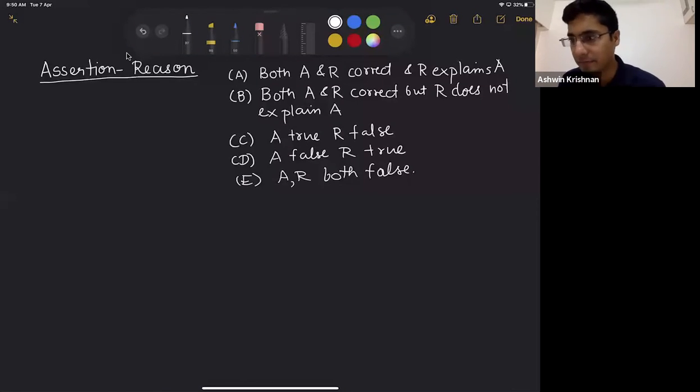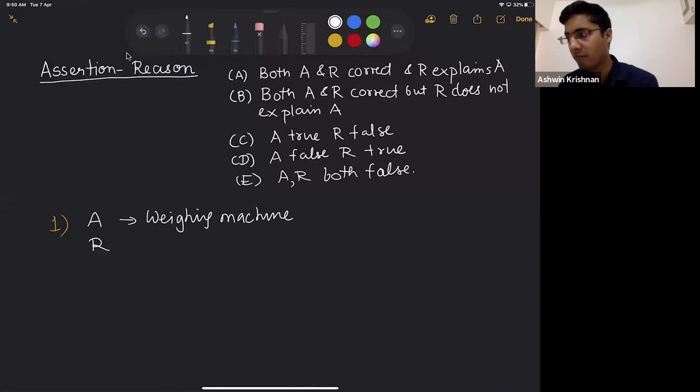Question 1. I'm going to give you an assertion and I'm going to give you a reason. Assertion is: weighing machine measures weight of a body.